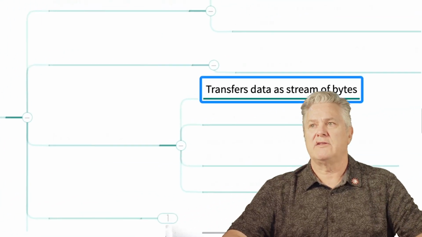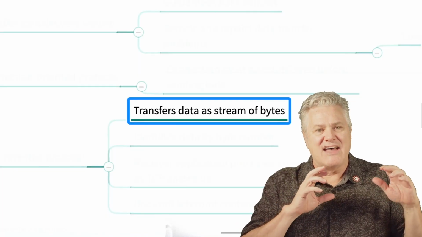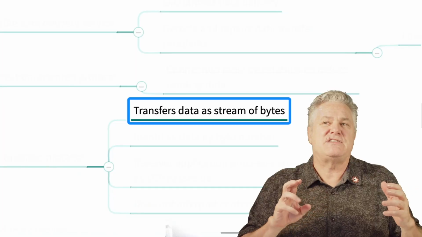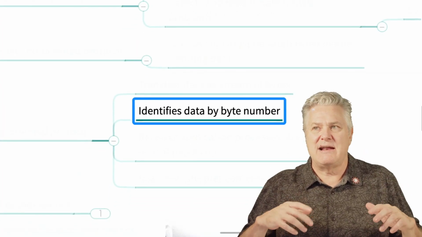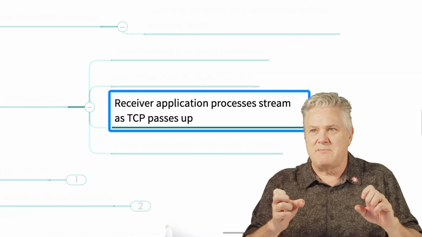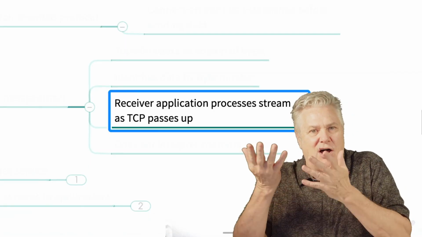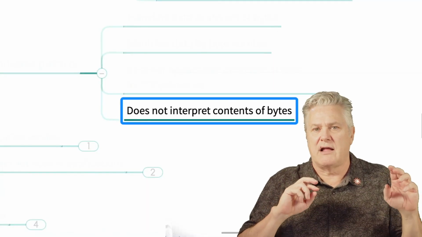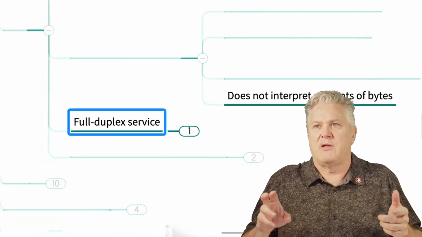It's a byte-oriented protocol that transfers data as streams of bytes. So sometimes you'll hear people say the TCP stream. It identifies data by byte number, and the receiver application processes the stream as TCP passes it up. It does not interpret the contents of the bytes. It does not look at those bytes. It just flows them across.